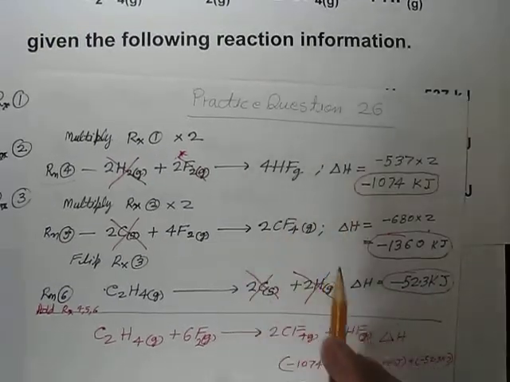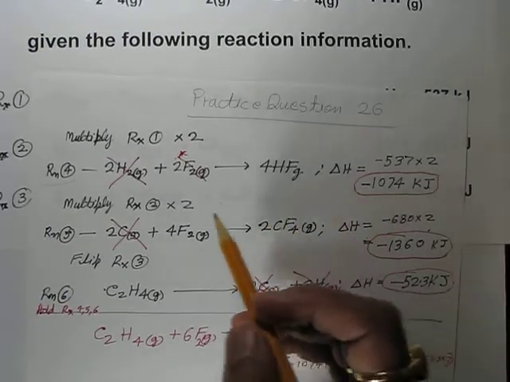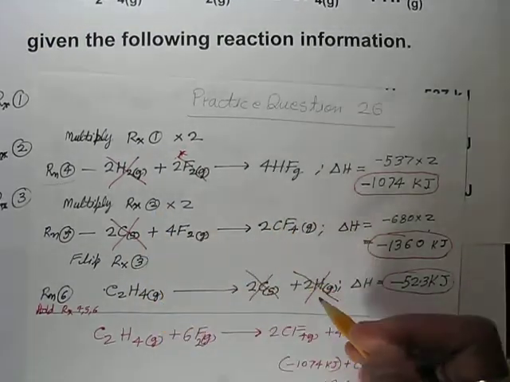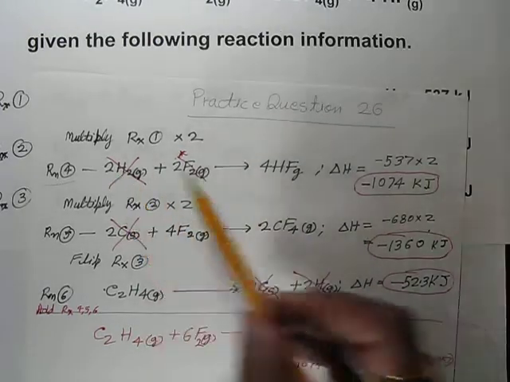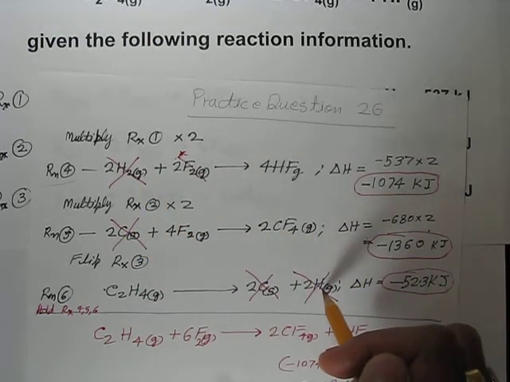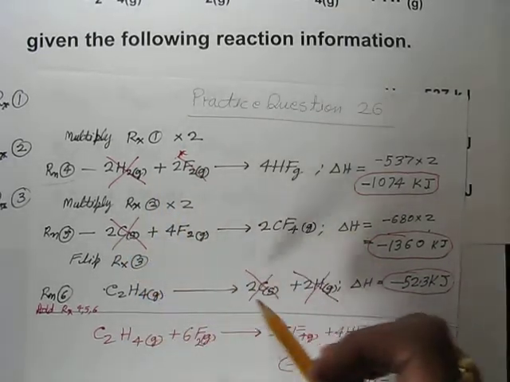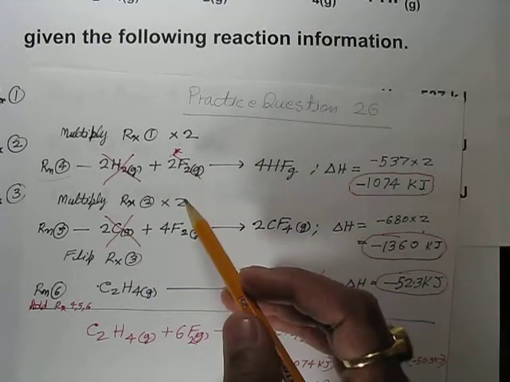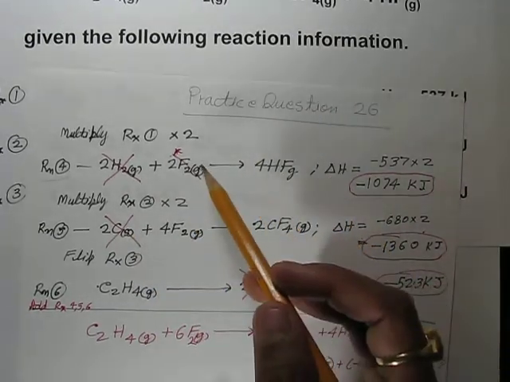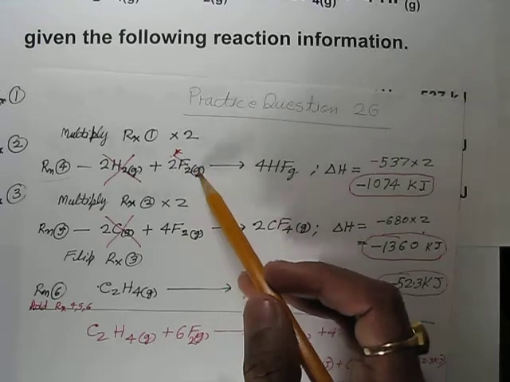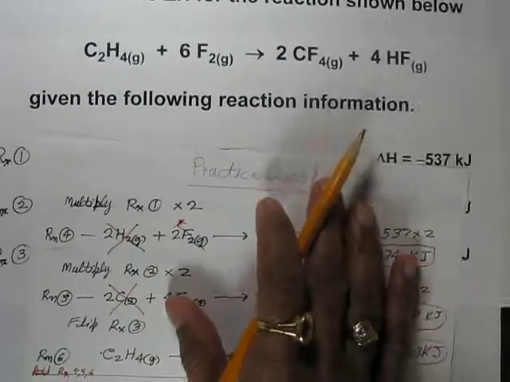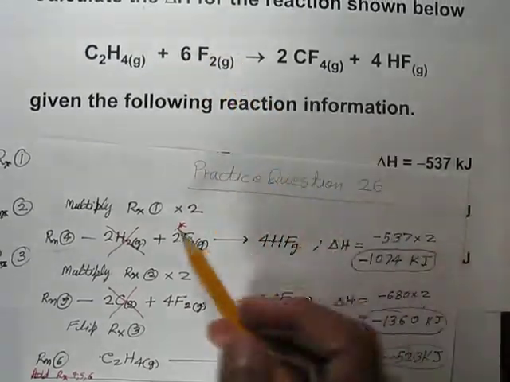Once you have done all these three reactions, then you can cancel out the common things. So 2 hydrogen molecules on the reactant side and hydrogen gas 2 molecules on the product side can be cancelled. Carbon can also be cancelled, and then you can see fluorine, I'm not going to cancel, because we need 6 fluorine on the reactant side.